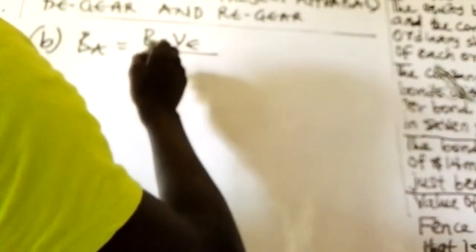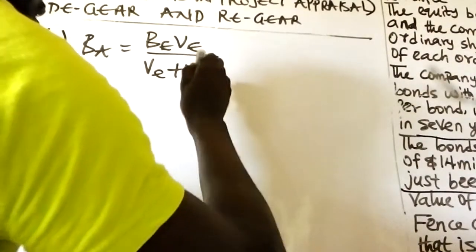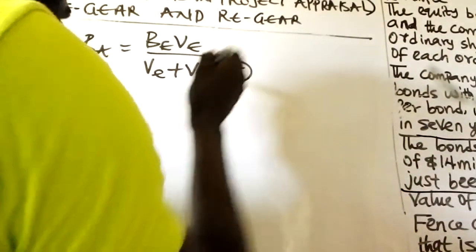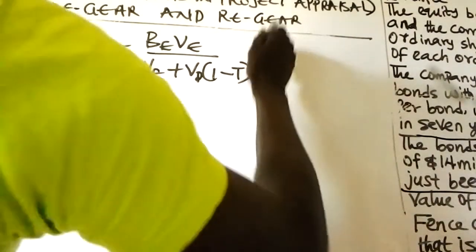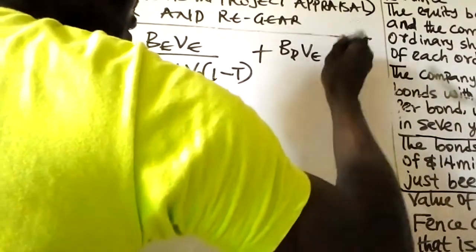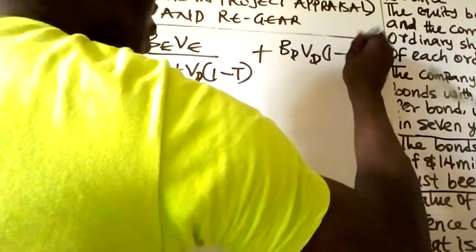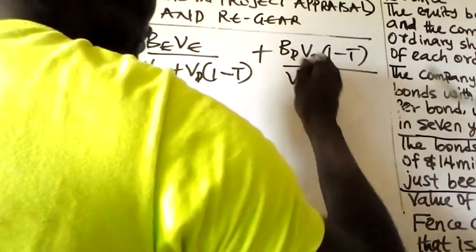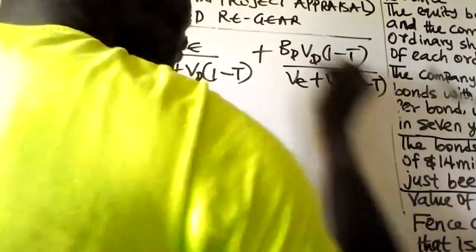Beta of asset is equal to beta of equity times value of equity over value of equity plus value of debt post tax, plus beta of debt times value of debt post tax over value of equity plus value of debt post tax.